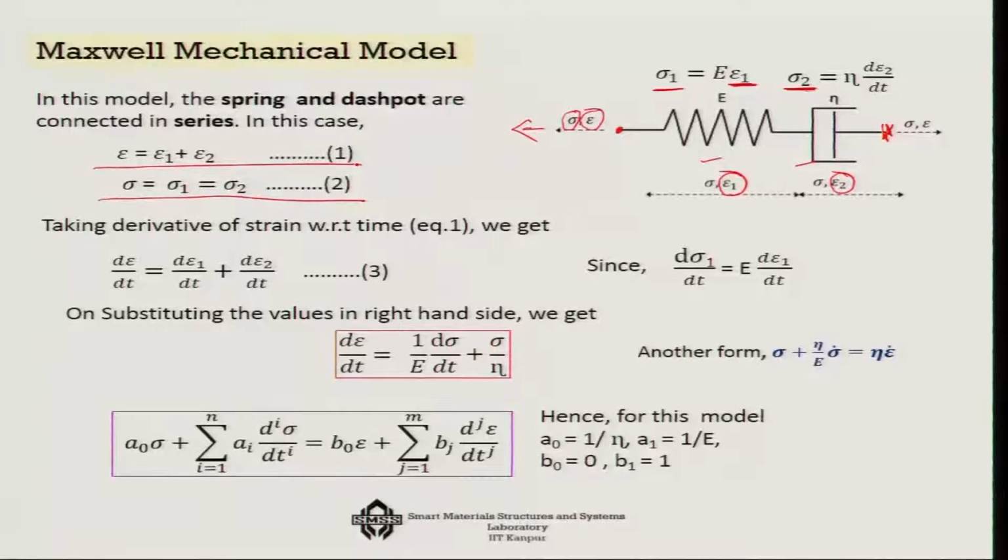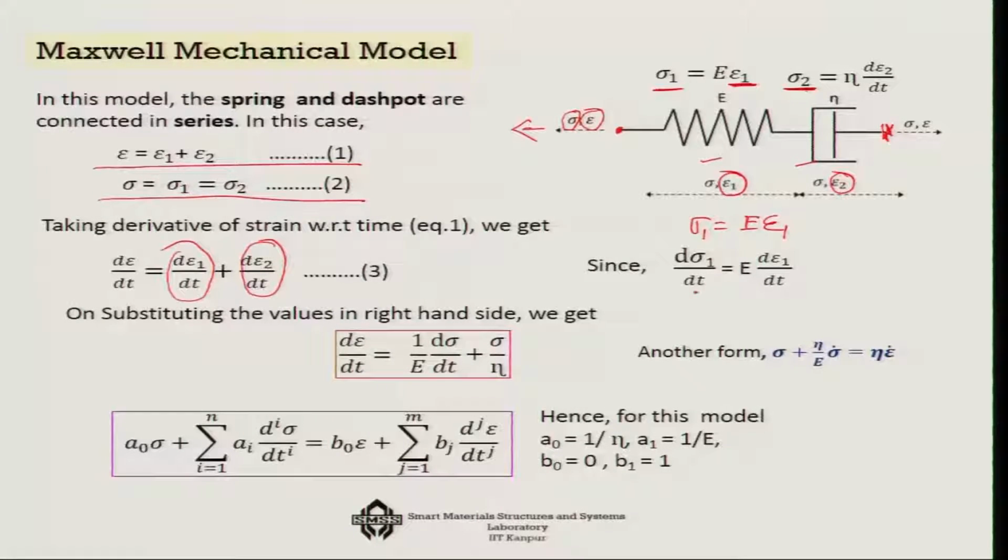Now if I take the derivative of the first equation, then the rate of strain is actually d epsilon 1 dt, the rate of strain in the spring element, plus d epsilon 2 dt, the rate of strain in the damper element. Each one of them we can very easily find out, because we know that sigma equals E epsilon, which means sigma 1 equals E epsilon 1.